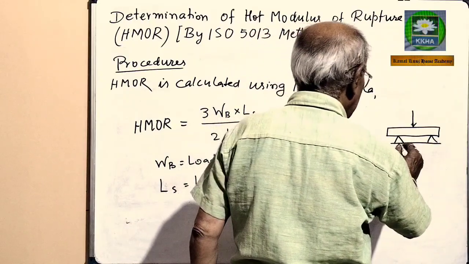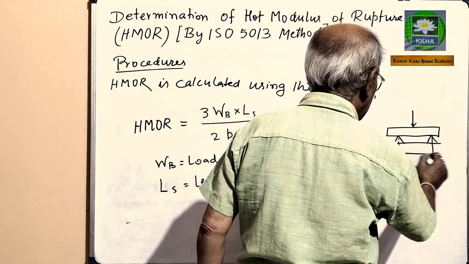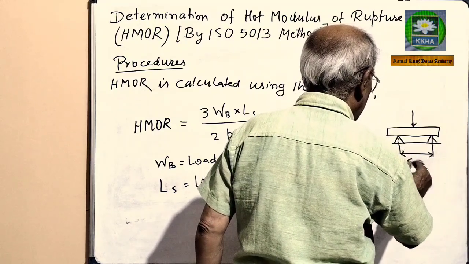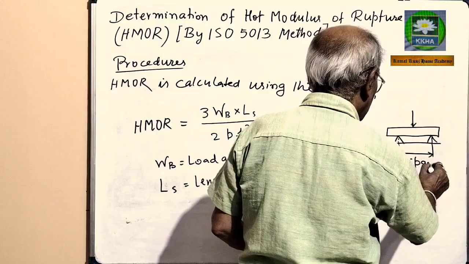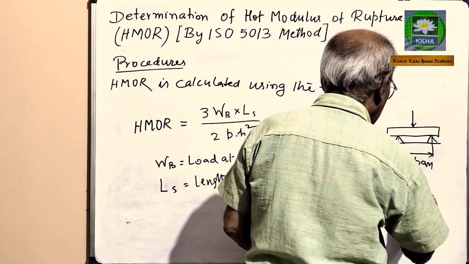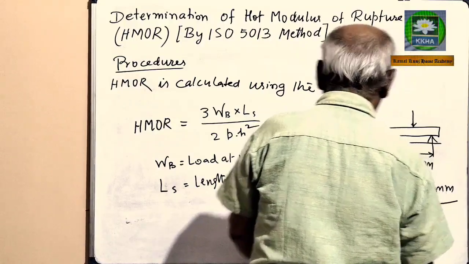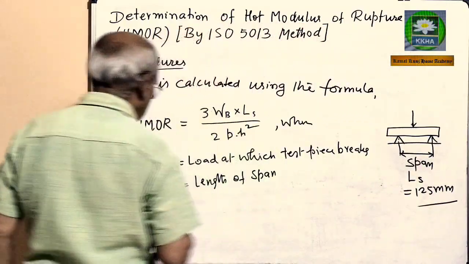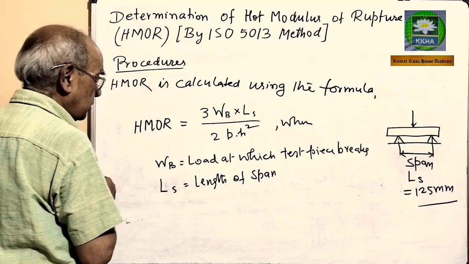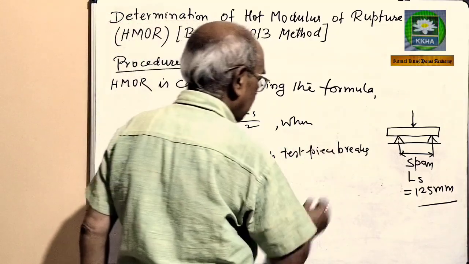So a span is the distance between supports. This is the span LS, and this is equal to 125 millimeter. So LS is known, breaking load is known, and breadth of the sample is known.